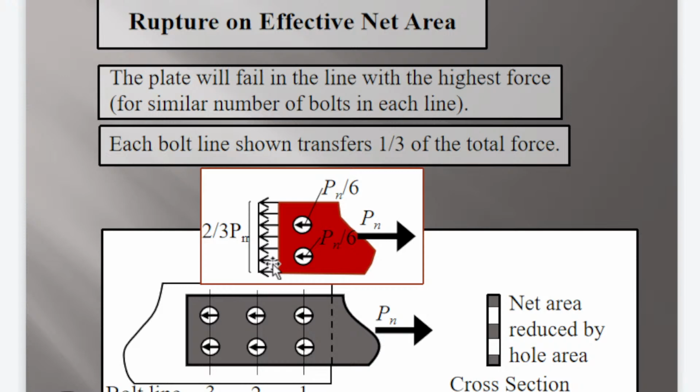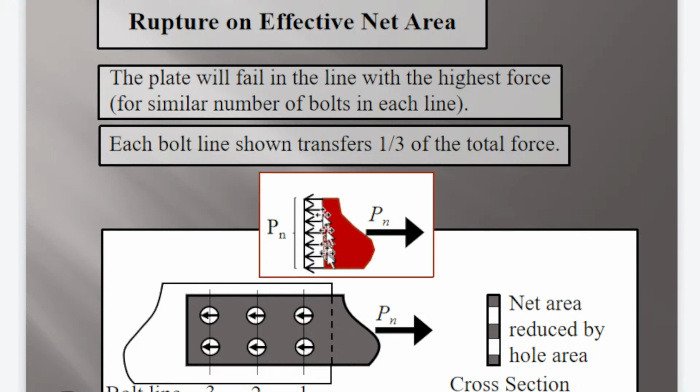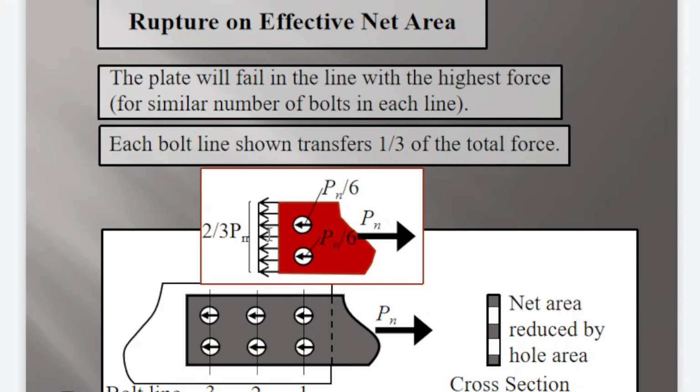If you compare here, the gross area here will feel all of the tensile load, while up here only the remaining 2/3 of the tensile load will be felt by this part of the material, because the bolts will take care of the 1/3. 1/3 meaning bolt line number 1.